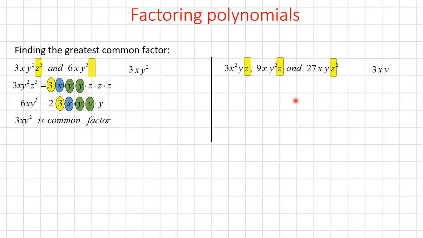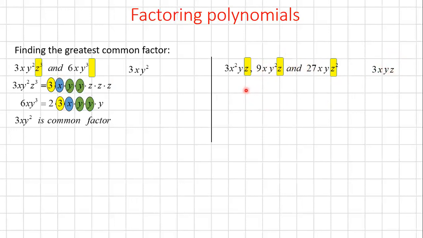And the last, z, z, and z squared. Z squared becomes z times z, and z is common. So the first common factor of these 3 terms is 3xyz.